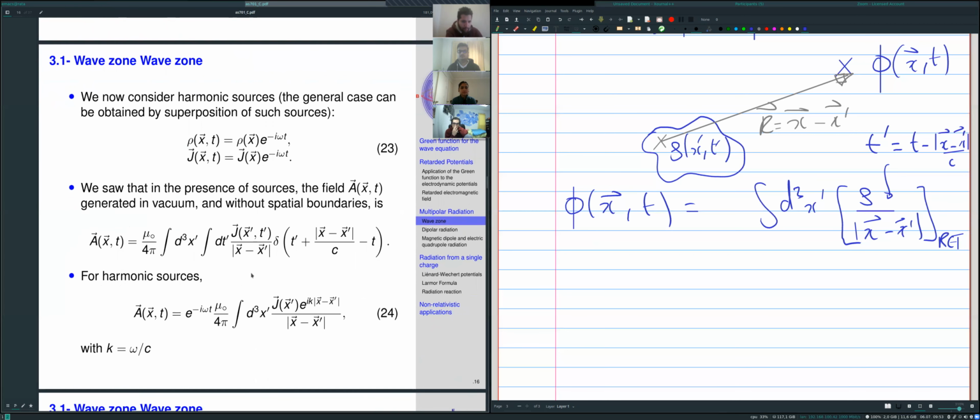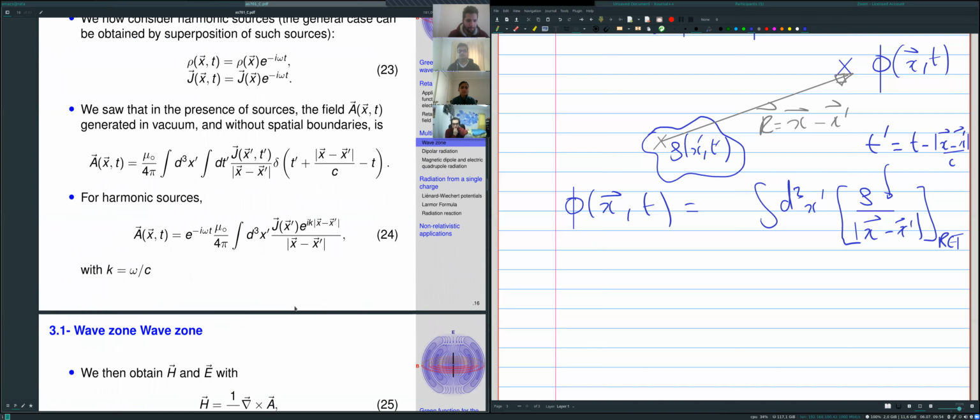We have that the generic solution for the retarded potentials for the electric and the vector potential is just written in this standard way. But if we have oscillating harmonic sources, so if we do the Fourier decomposition of the source terms, then this oscillating exponential goes outside the integral here, and we're just left with the spatial dependence here in the integral.